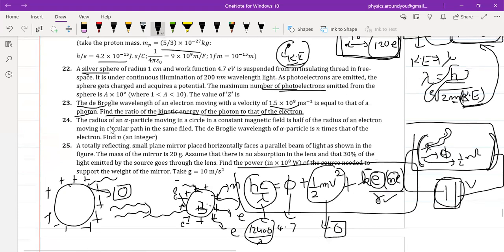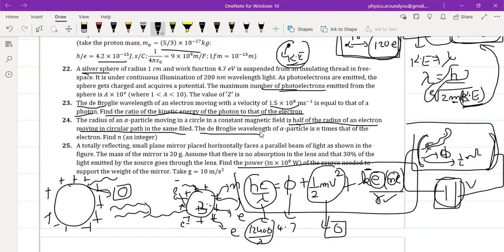Now, question number 24. The radius of an alpha particle moving in a circle in a constant magnetic field is half of the radius of an electron moving in a circular path in the same field. What is the relation between the de Broglie wavelengths?